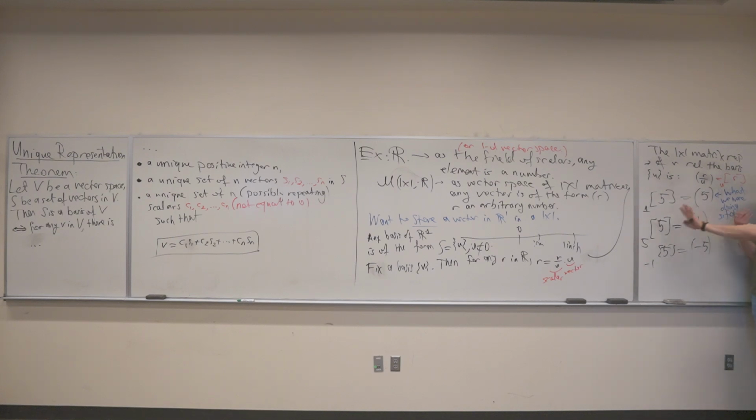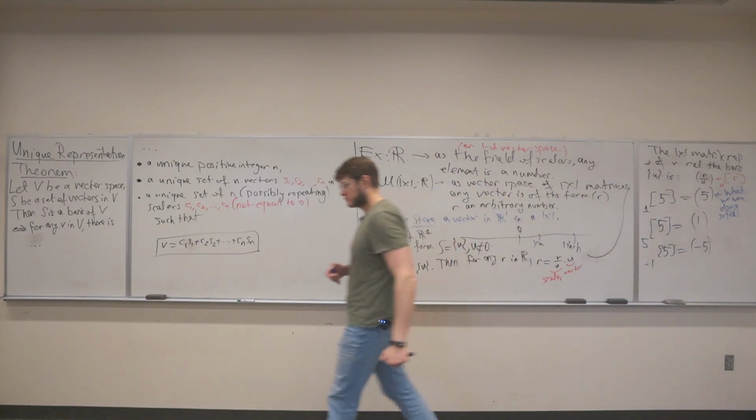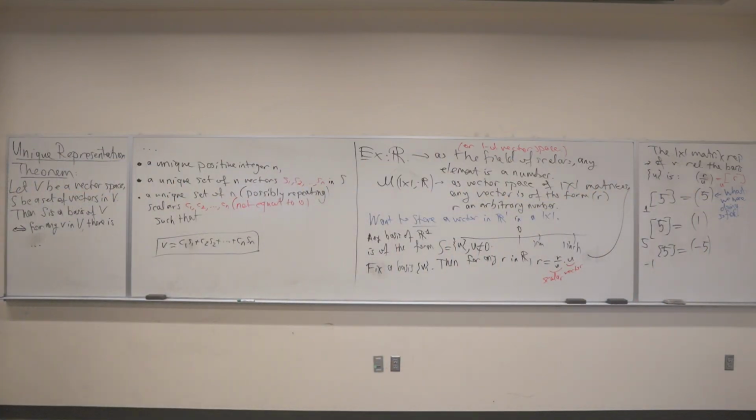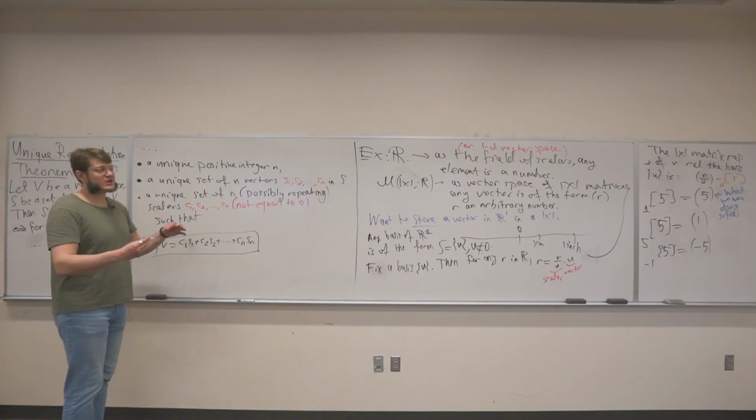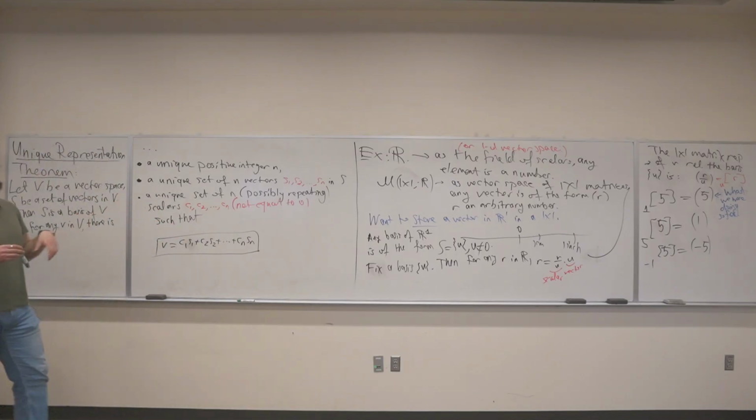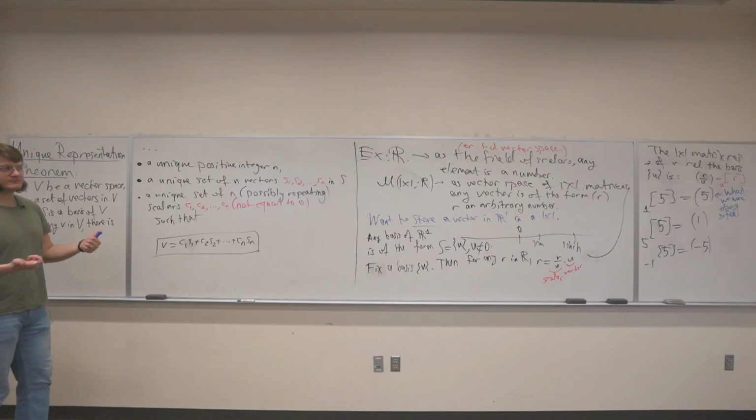So you see, we're splitting the vector from how it is represented. The way I try to make sense of this in my mind is, I have a physical object. The physical object is my vector space, and different bases correspond to different rulers.